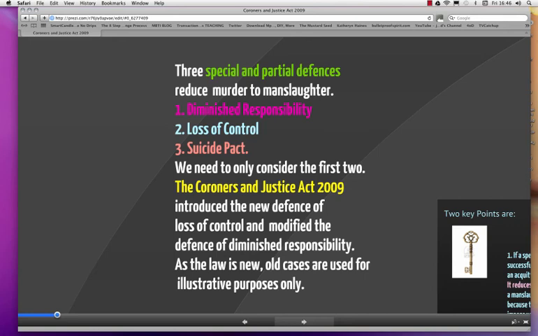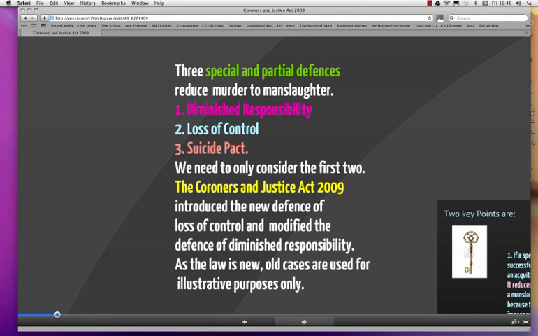The Coroners and Justice Act 2009 is our key legislation here, and it introduced the new defence of loss of control, which got rid of provocation, and it modified the defence of diminished responsibility, which was not created by this act. As the law is new, old cases are going to be used for illustrative purposes only.